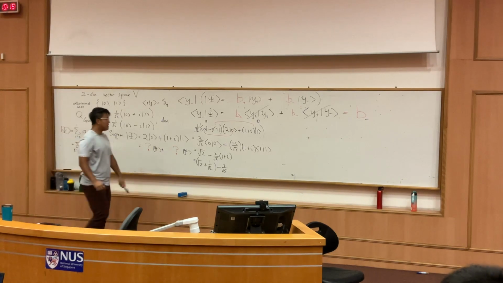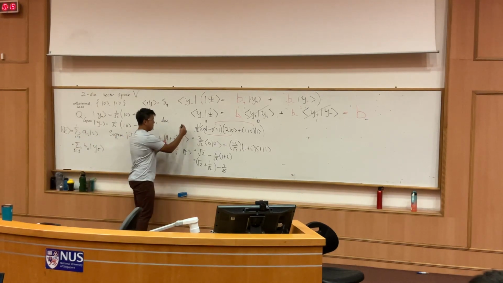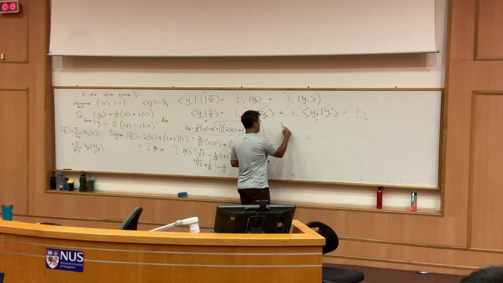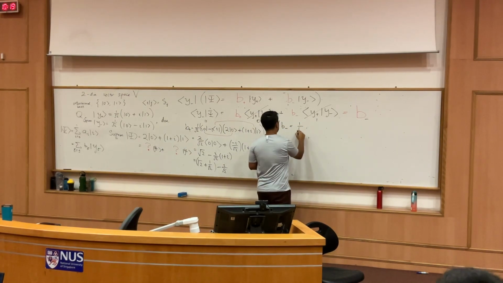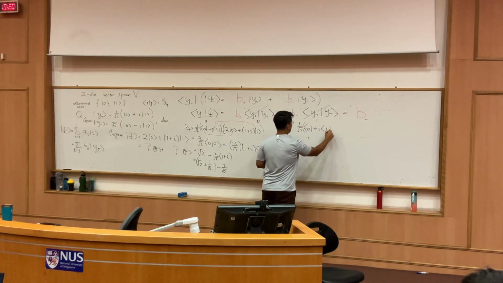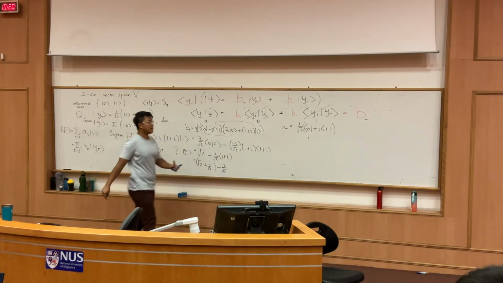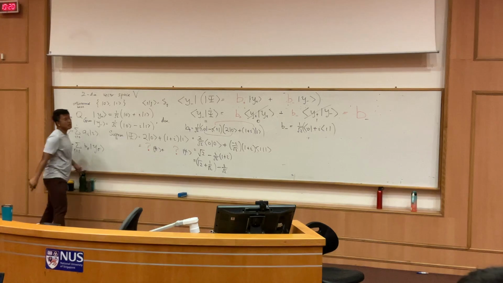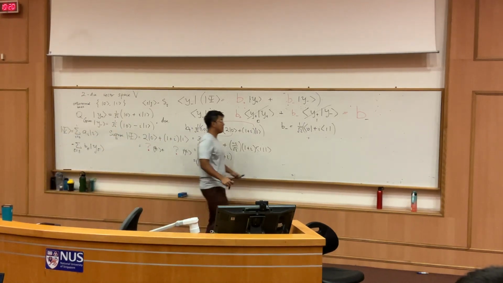And if you want to repeat the same count, so this is b plus, and so b minus would be this: 1 over square root 2, 0 plus i 1. So again, where is that coming from? That's coming from the bra of this guy times the state ket.